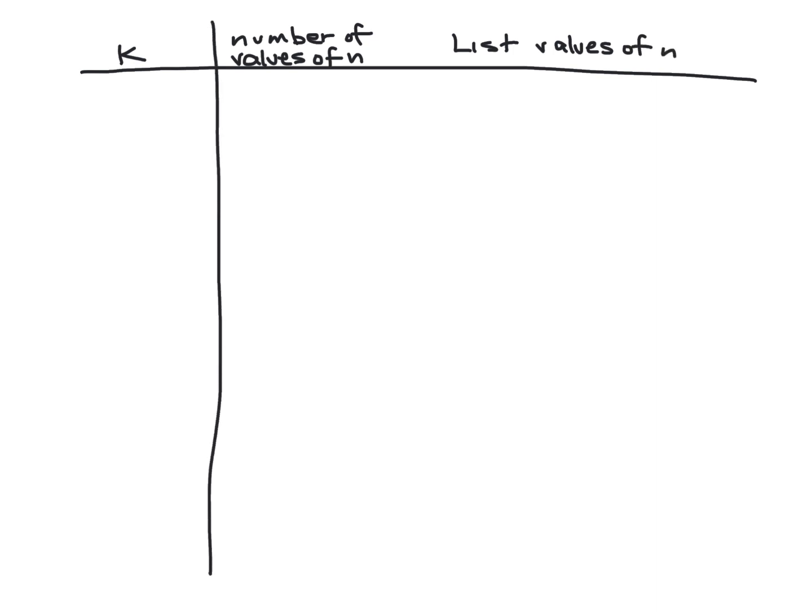So we've got k, and the number of values of n, and then we'll see if I can list them all, list the values of n. And then at the very end, I guess we have to add them all up.